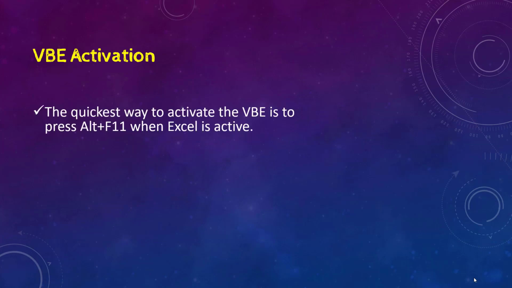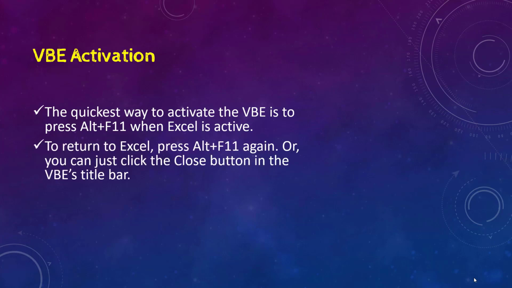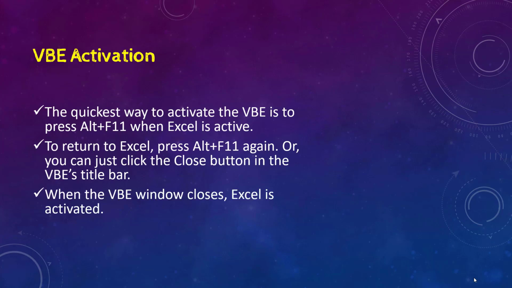Activating the VBE, as mentioned earlier: the quickest way to activate the VBE is to press Alt F11 when Excel is active. To return to Excel, press Alt F11 again, or you can just click the Close button in the VBE title bar. When the VBE window closes, Excel is activated.